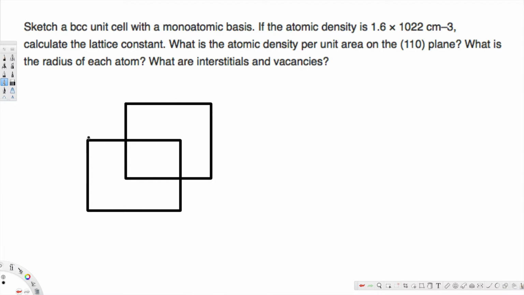Okay, so here we have a cube, and for a body-centered cubic structure, as we mentioned before, each corner has 1/8 of the atom. So here we have 1/8 of the atom, in the middle we have a full atom, and here also we have 1/8 of the atom in the corner.